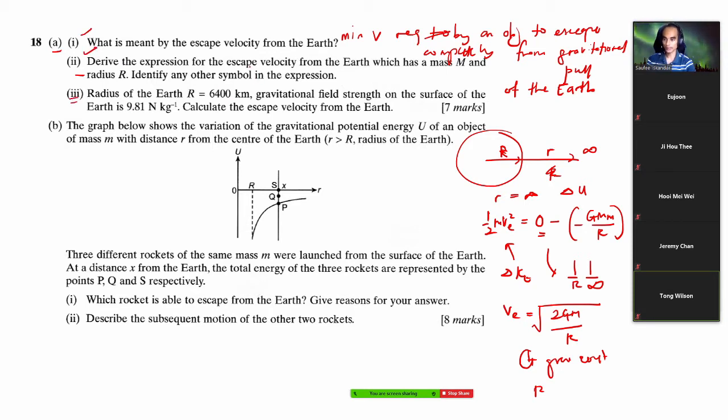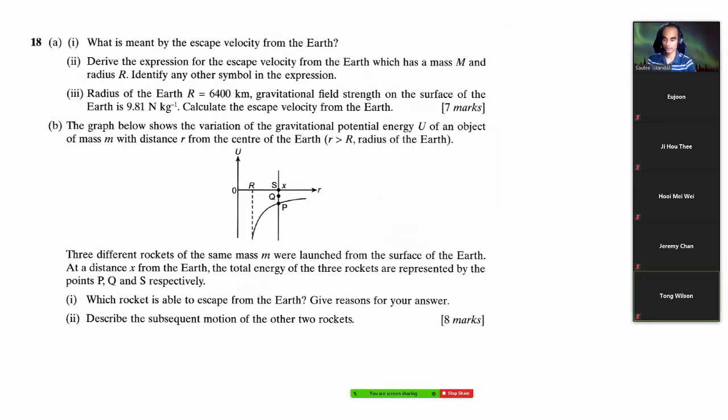Radius of the Earth is 6400 km. What is the gravitational field strength? Field strength on the surface of the Earth is 9.81 newton per kilogram. Calculate the escape velocity from the Earth. So we can use one more method, that is GM equals gR squared.